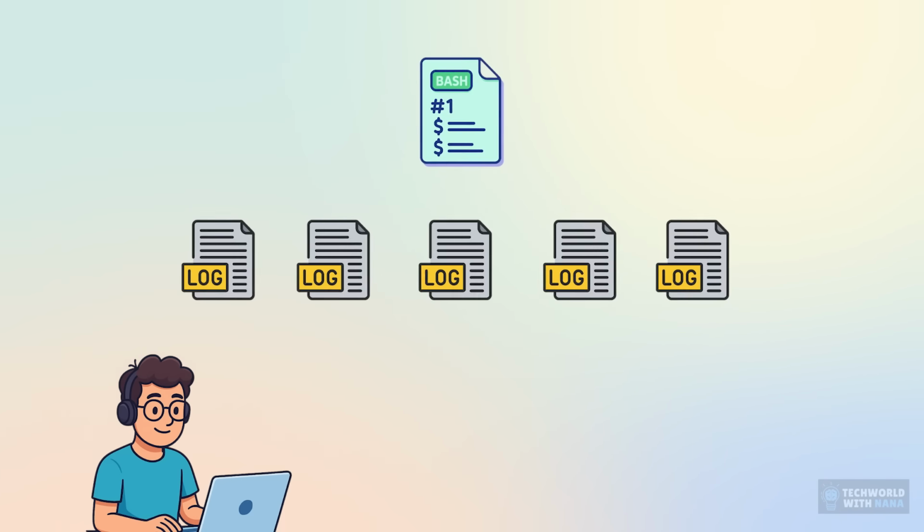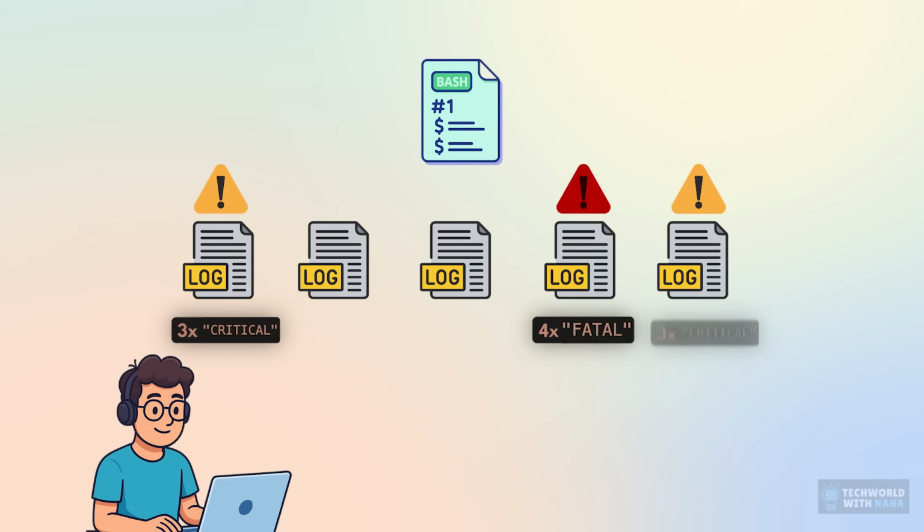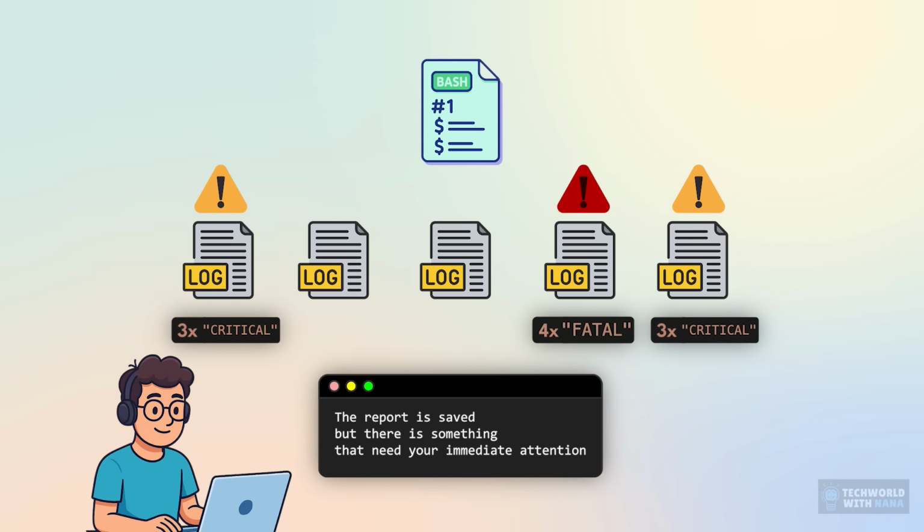So for example, if it discovers that there are more than 10 critical errors or fatal errors in any of the log files, it should print out here: the report is saved, but there's something that needs your immediate attention.